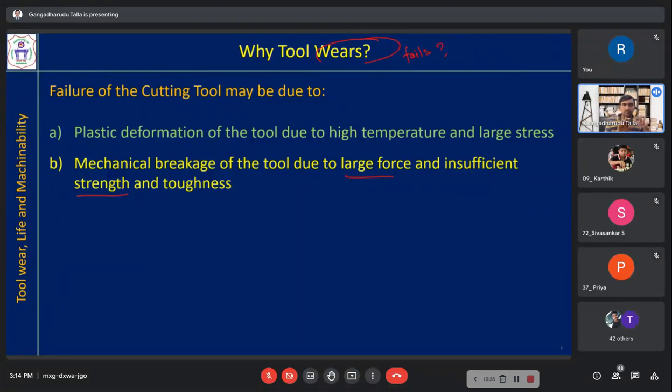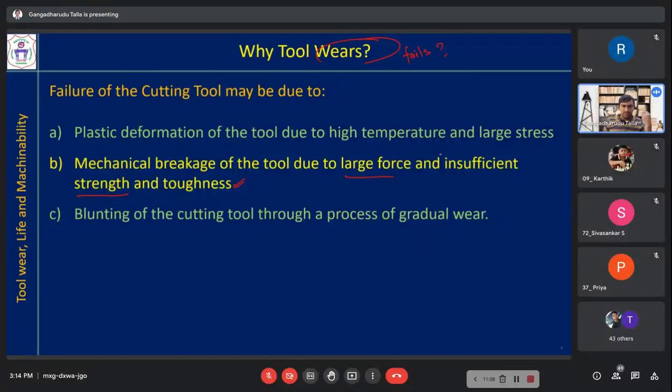If we are applying reasonable, not excessive force, but the tool is weak, there are some internal defects in the tool, then also the tool may fail. And if the toughness of the tool is less, or the brittleness is more, then it may not be able to absorb the forces and it will break mechanically.